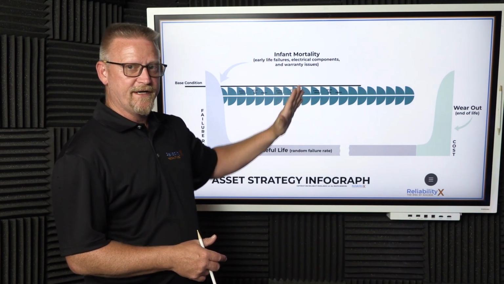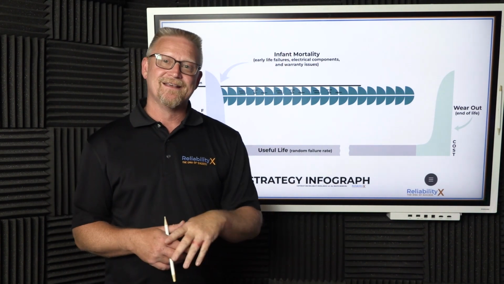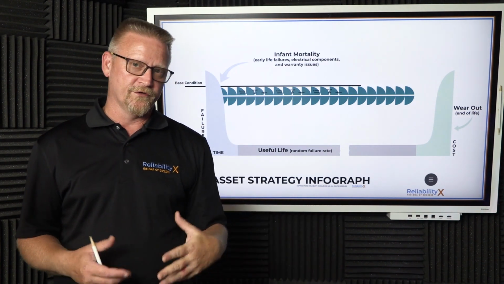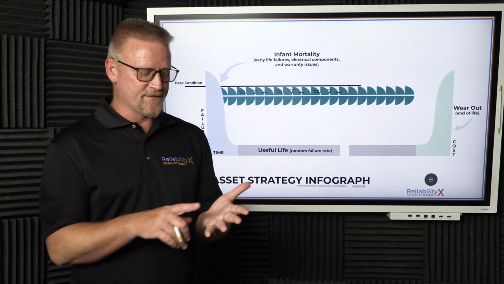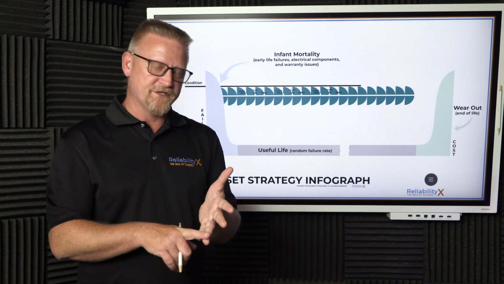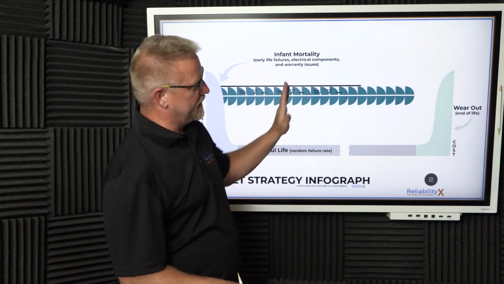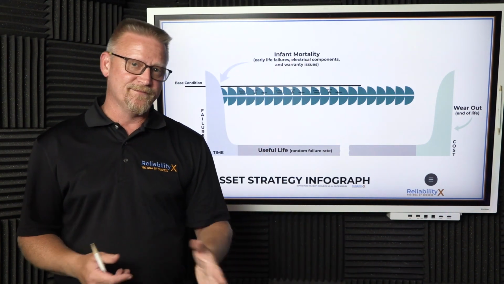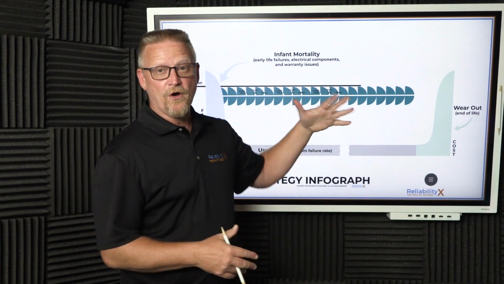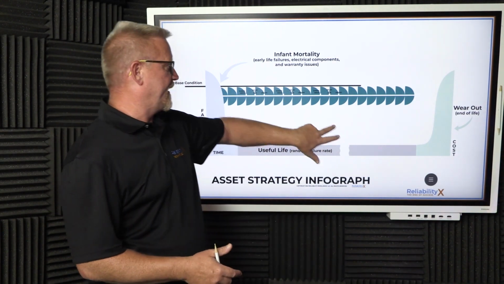We deteriorate, restore to base condition. This happens over and over during the life of the asset. This is where we have to replace belts and our sheaves are worn, and we have to align something and we eliminate some defect. And this happens over and over and over again.